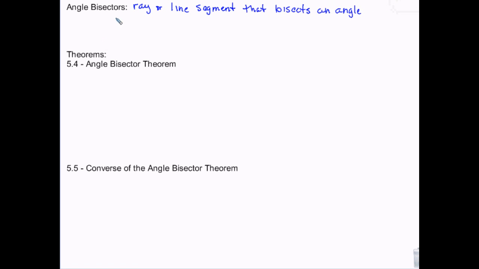So if I have any angle, the angle bisector is going to come in, and that's not a very good one. Let's see if I can adjust it. There we go. And it's going to cut this angle in half. So this side and this side will be equal.